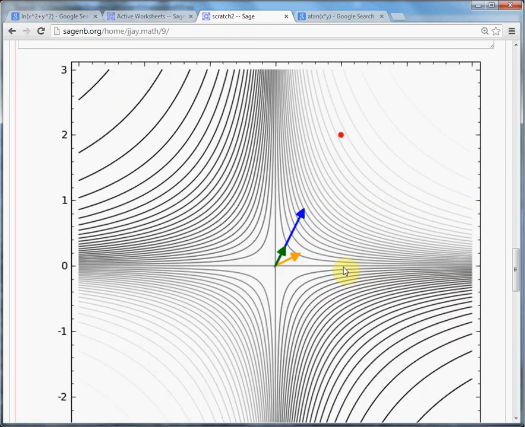And the reason I did that is because one way to understand the directional derivative is that it is the scalar projection of the gradient onto the unit direction. In other words, the directional derivative is the magnitude of the green arrow. So you're at this point, and the directional derivative in the blue direction is the magnitude of the green arrow, which is the scalar projection of the gradient onto the given direction.